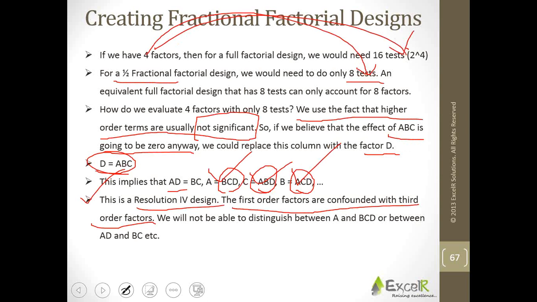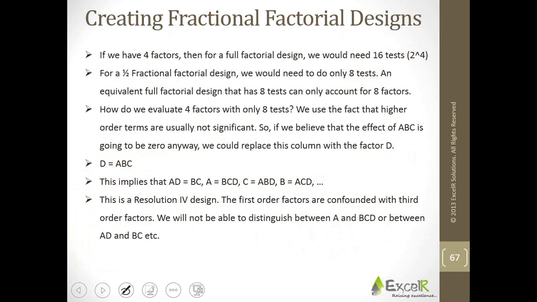A first order factor being confounded with a third order factor means A is confounded with BCD, or B or C is confounded with ABD. I'm combining first order with the other order. If you see here, we will not be able to distinguish between A and BCD because A is nothing but BCD. A is equal to BCD. Or between AD and BC, you will not be able to distinguish anything. They look alike.